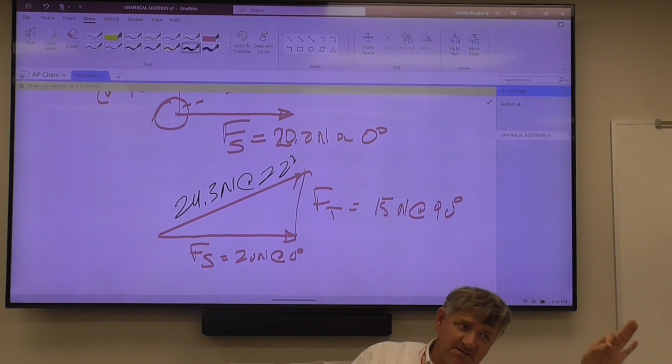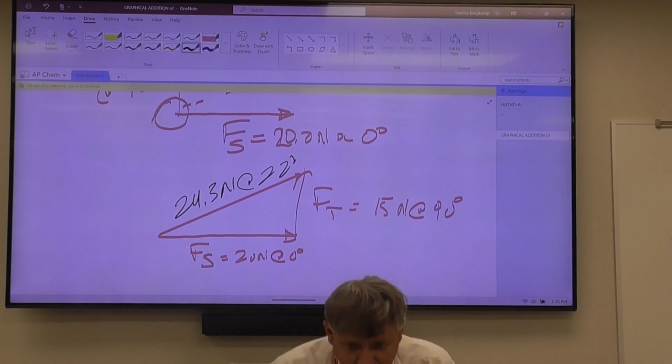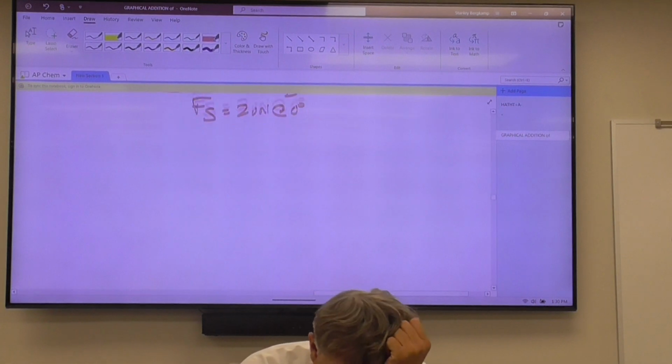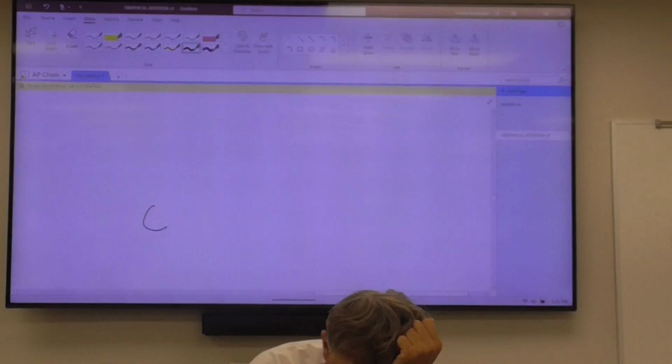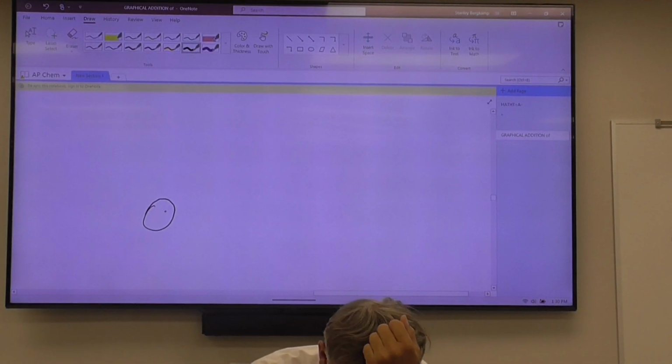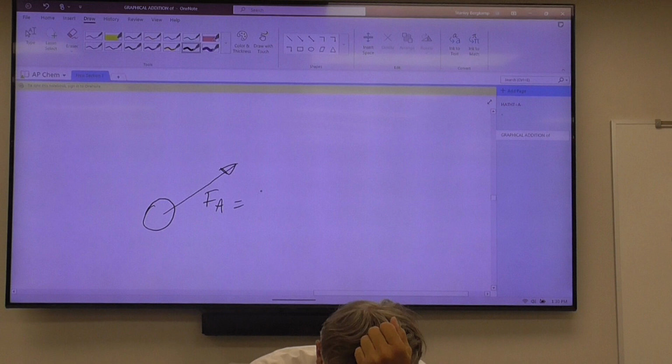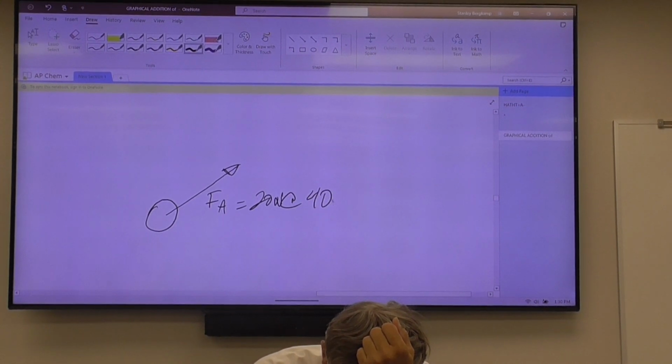Third one, which is about as complicated as it gets. Soccer ball analogy. So, Andrew is gonna kick the ball this way, 20 newtons at, I don't know, 40 degrees.